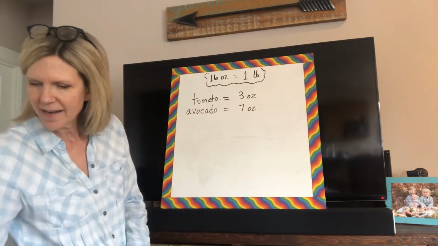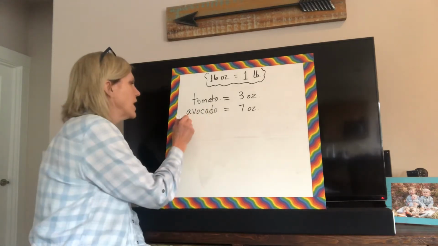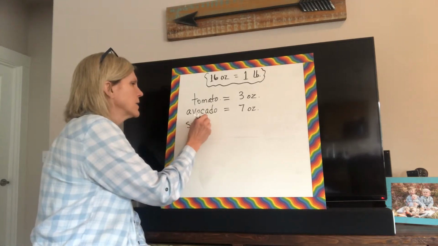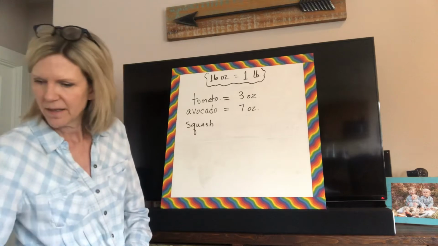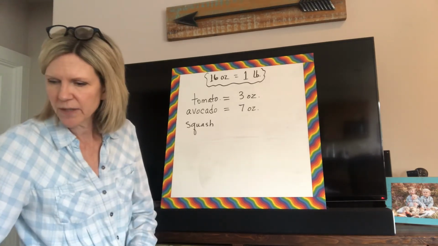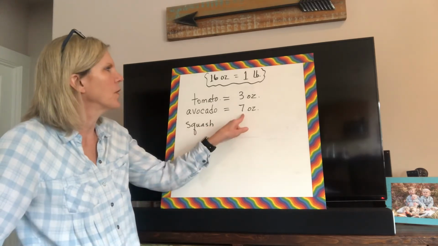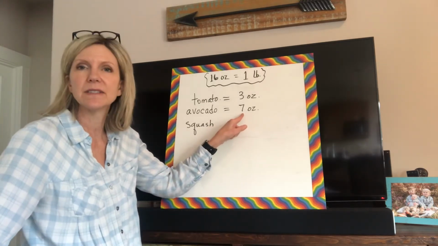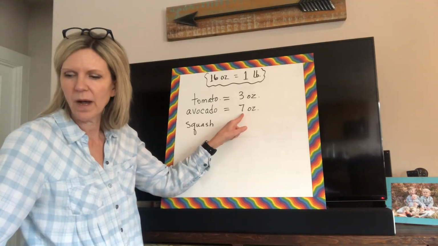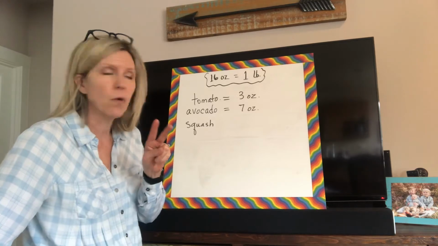Okay, and now we have a squash, and it says that the squash weighs twice. So remember, twice is 2. The squash weighs twice as heavy as the avocado. Well, we know that the avocado is 7 ounces. So if we have twice as heavy, we're either going to multiply it by 2 or double it.